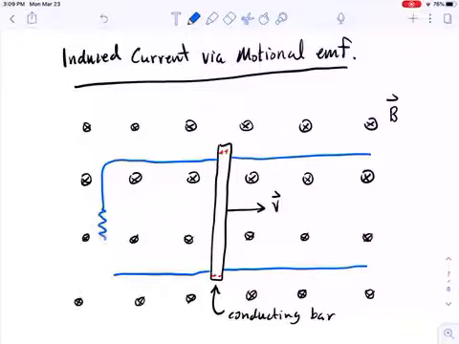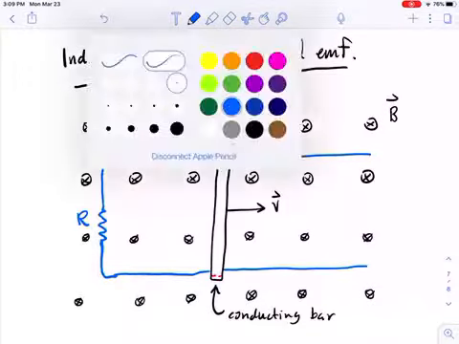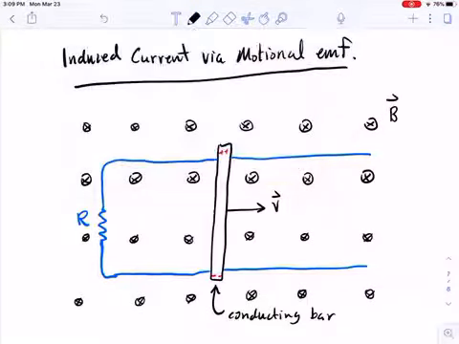And so maybe somewhere in that circuit we place a resistor R. The last thing that we'll do is say that our bar has a length equal to L.